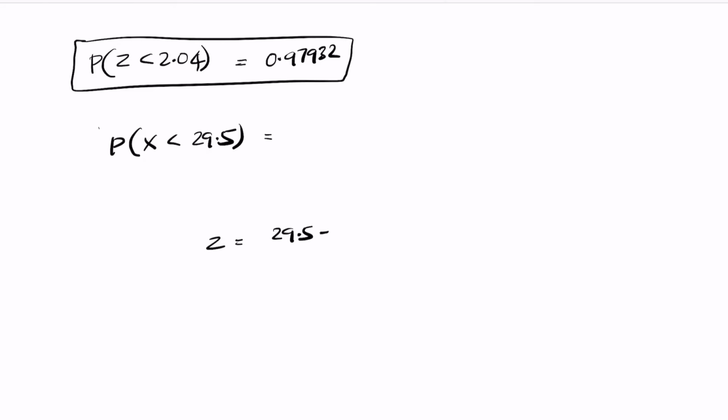So 29.5 minus 40 by root 24 becomes minus 10.5 by 4.8989.